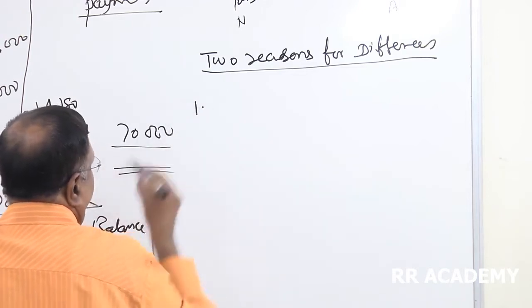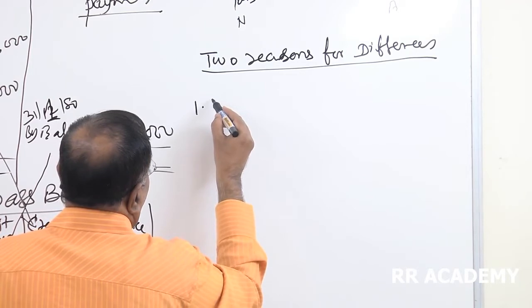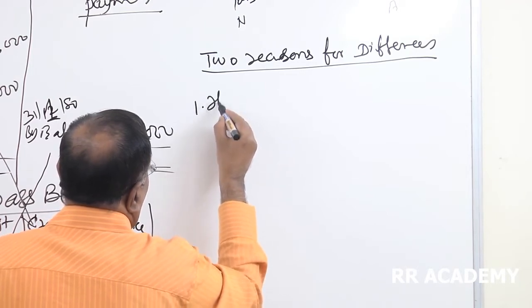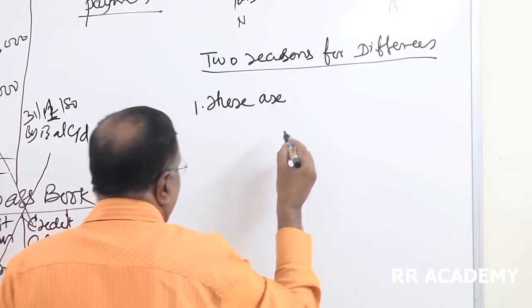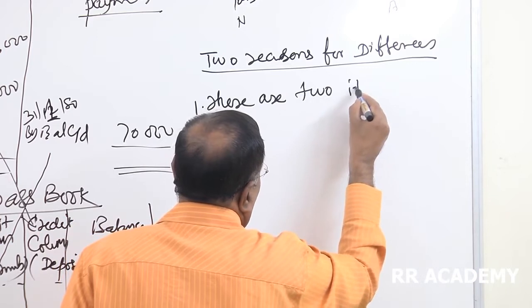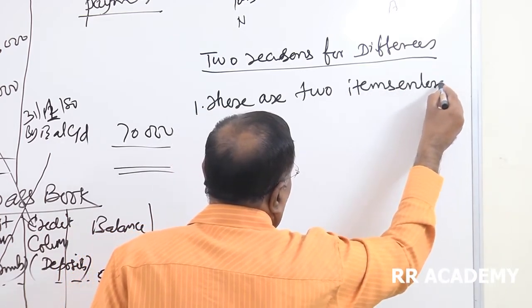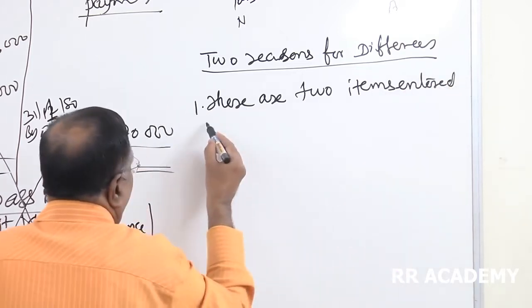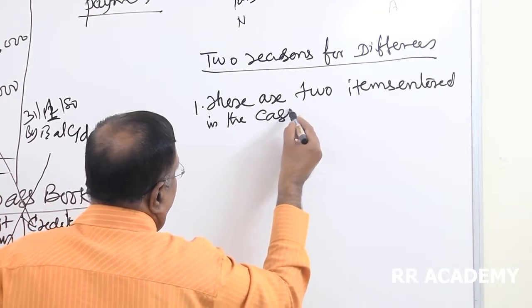Reasons. One, there are two items entered in the cash book first.